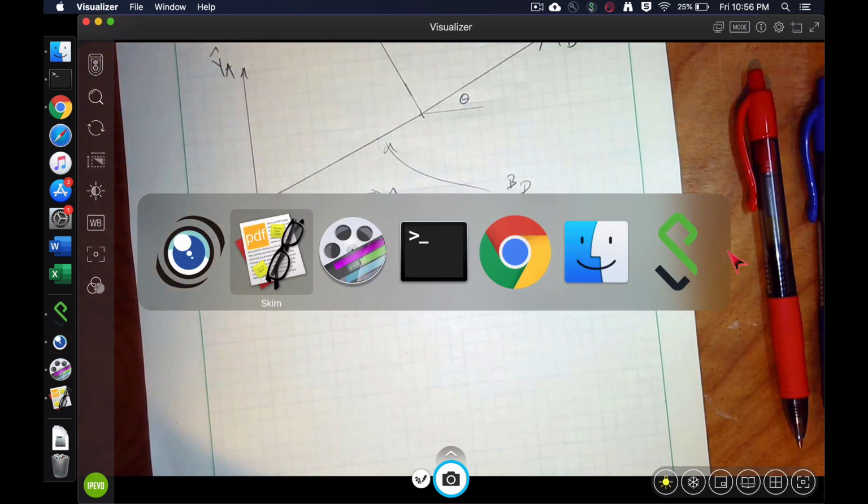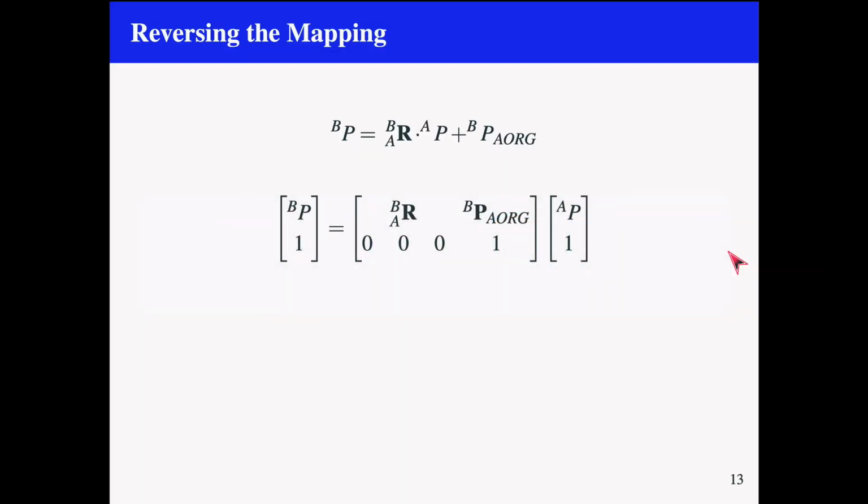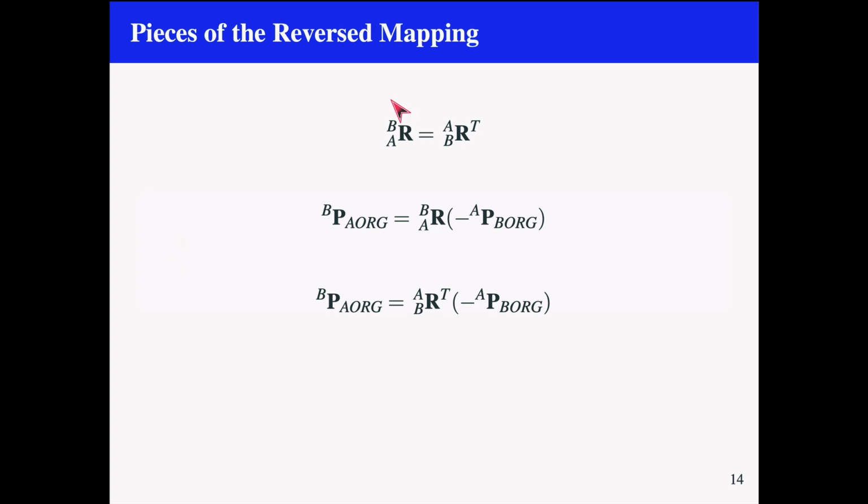So when we get ready to try to find this TBA, we need a rotation matrix that's from B to A instead of from A to B, and we need this origin vector to point from the origin of B to the origin of A and be expressed in frame B. But we know from some of our previous discussions that the inverse of a rotation matrix is just the transpose, because it's an orthogonal matrix.